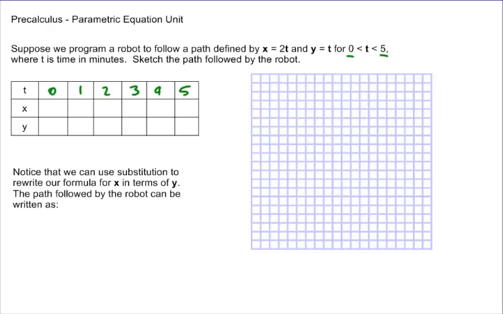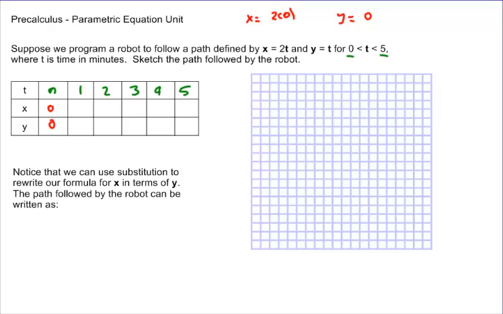Just like on the previous problem, we take the x coordinate and put it in for x, and the y coordinate and put it in for y, by substituting the value of t in. So x is 2 times 0, y is 0. So this gets me the point 0, 0.